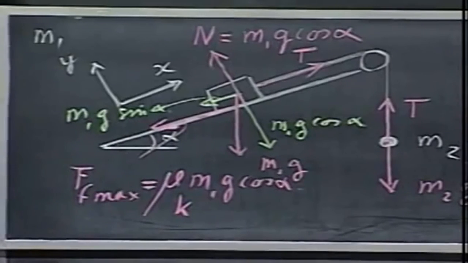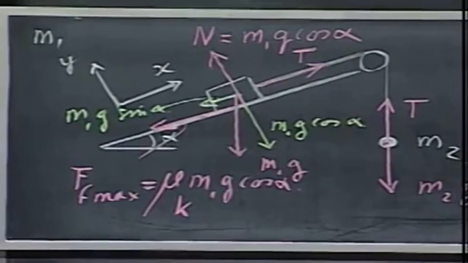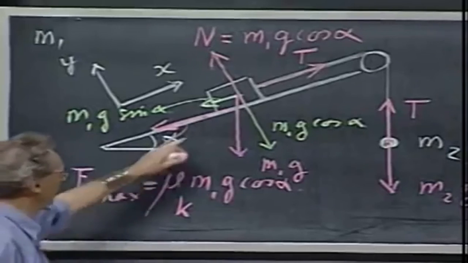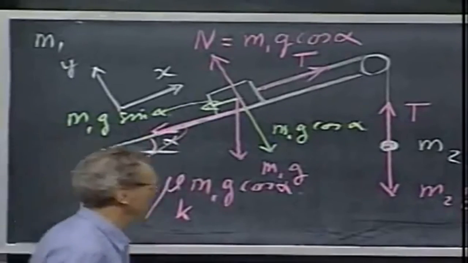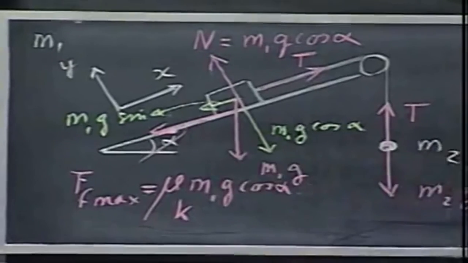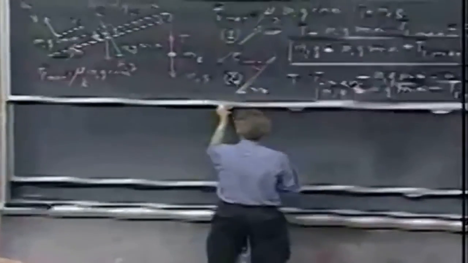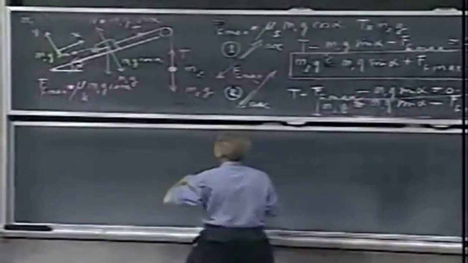So that is already one change. It is moving, for sure, it's going to be accelerated, so the frictional force is in this direction, has this value. So let's write down now Newton's second law in the x direction.